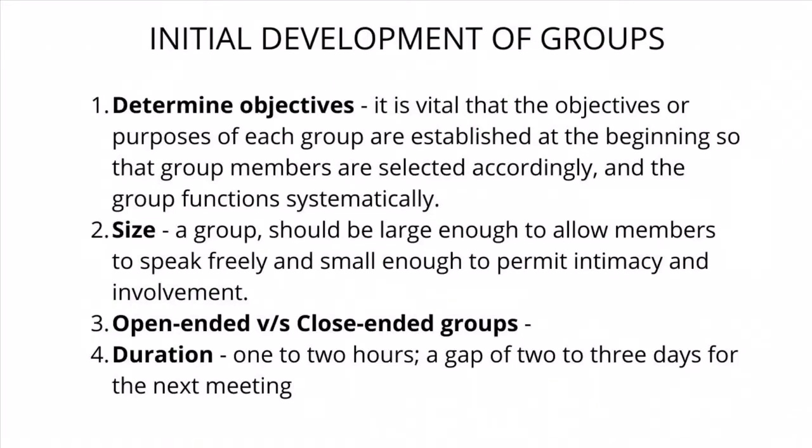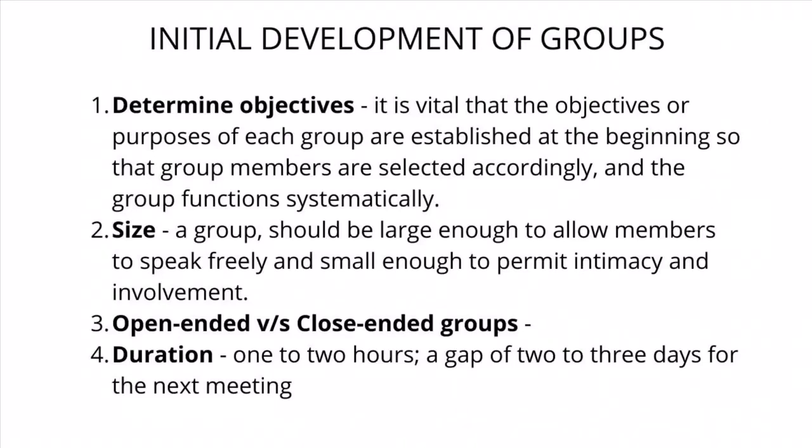The next component, duration. The duration of a group has two related components: the number of sessions and the length of each session. Many groups meet for 1 to 2 hours once or twice a week for a specified number of weeks.